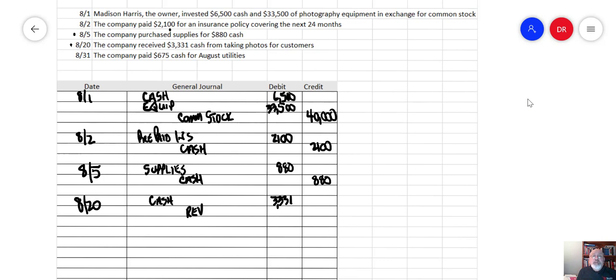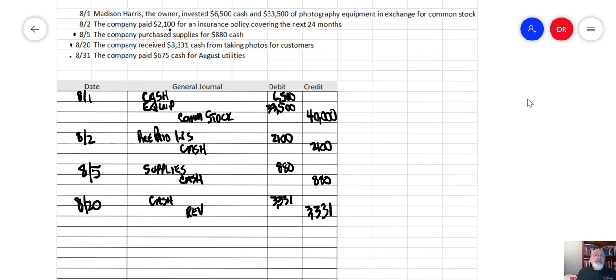So we're going to put the credit in revenue. Now remember, both cash and revenue are increasing with this transaction. So cash increases, revenue increases. All right. Here you have the asset supplies increasing and the asset cash decreasing. Here the asset prepaid insurance increases while cash decreases.